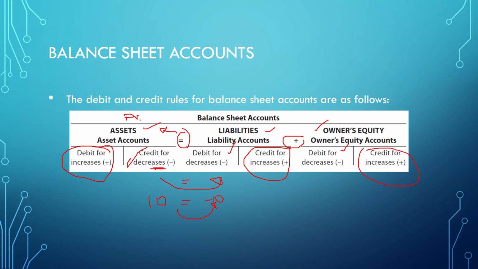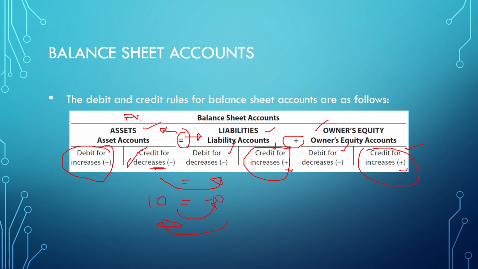Now, take note at the right side of the equal sign. We have the liabilities, right? So liabilities and owner's equity are both on the right side of the equal sign. Therefore, their normal side is also the credit. So that's their positive or increase side. Mathematically speaking, if you transfer the numbers from this side to the other side, the sign will change.